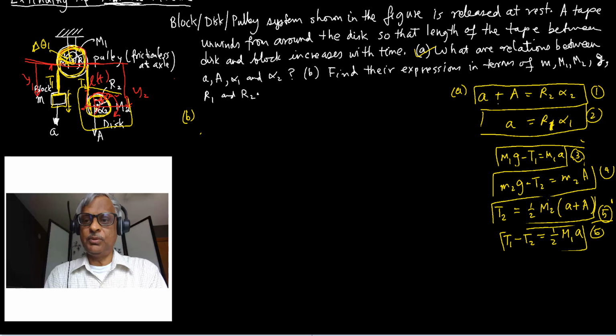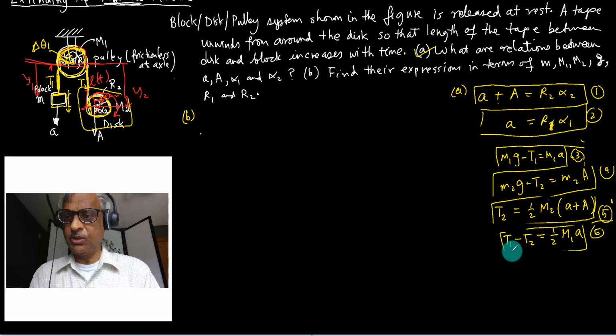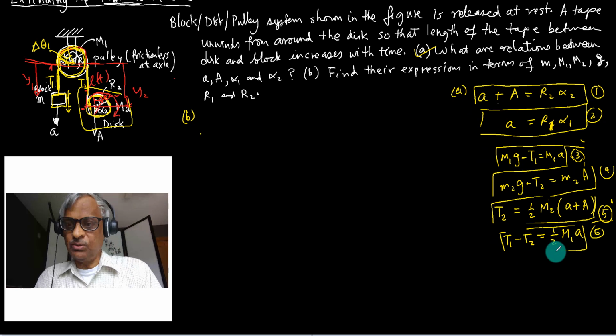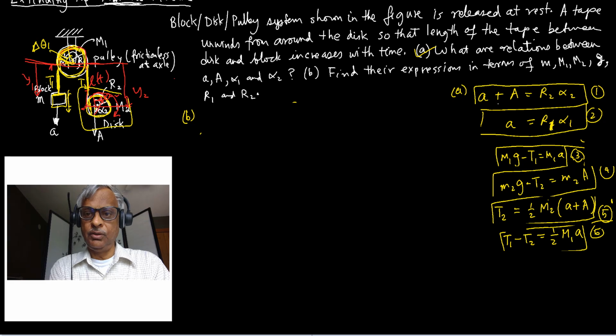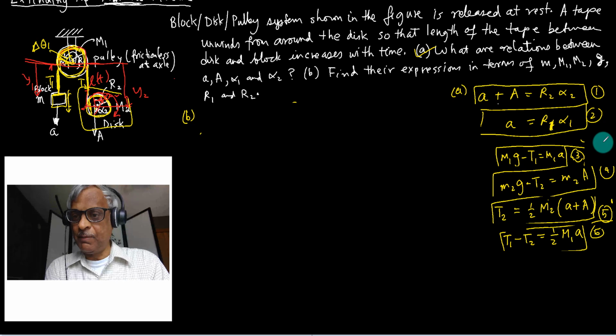Okay, so I wrote all the equations out here. Now we can try to see how to solve it. To solve for B, we need to work with equations 3 to 6.